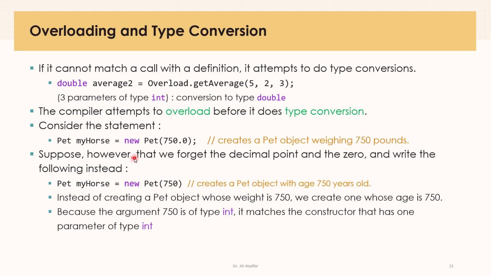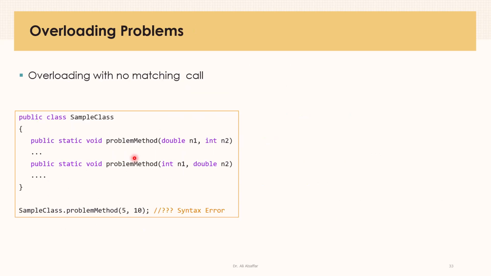In conclusion, sometimes problems might happen if type conversion is applied on overloaded methods. Another problem that might occur with overloading is that sometimes when we invoke an overloaded method, the compiler is confused about which method to call.